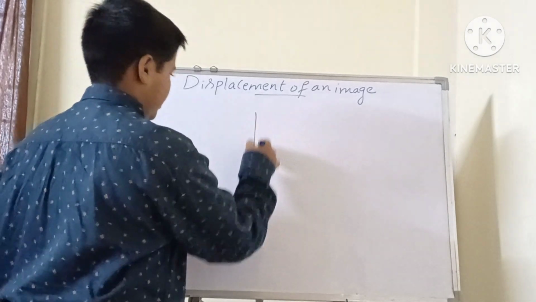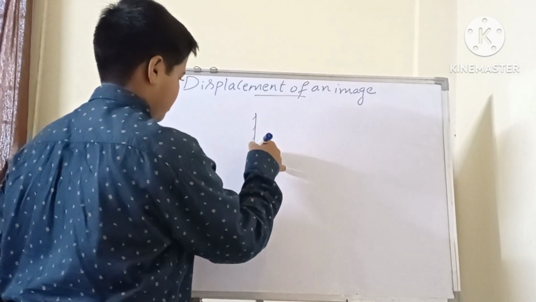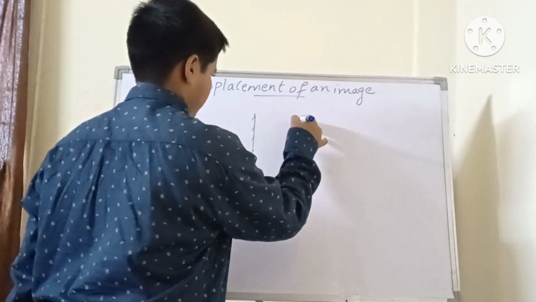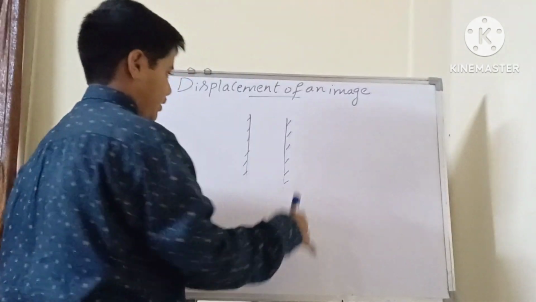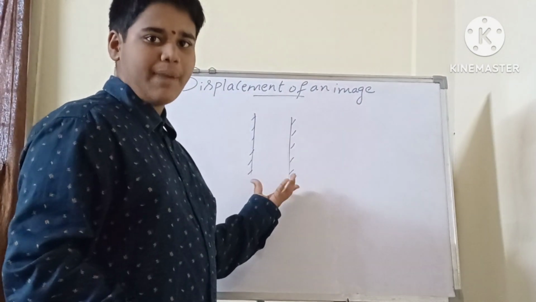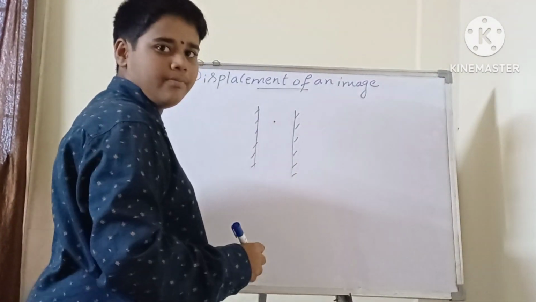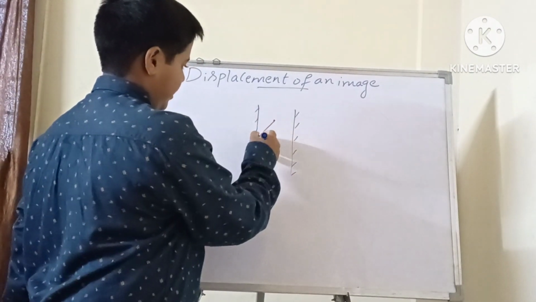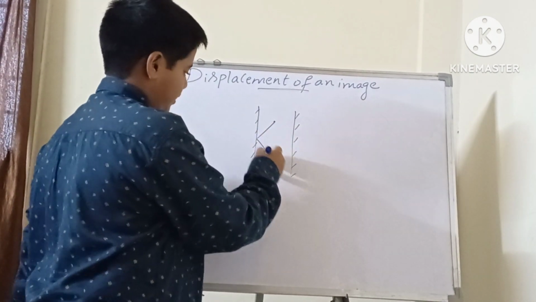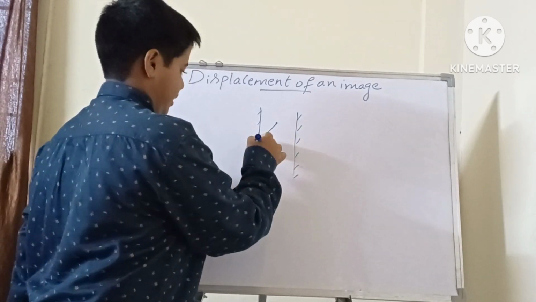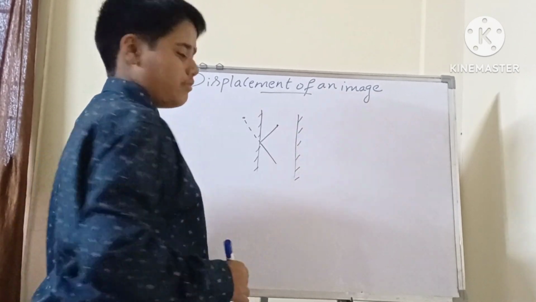We already learned this is a plane mirror and this is also a plane mirror. Here two plane mirrors are in parallel. So I am keeping this as an object. When an incident ray falls on this and is reflected, an image is formed in this direction.